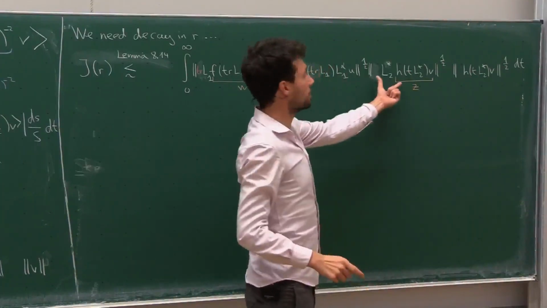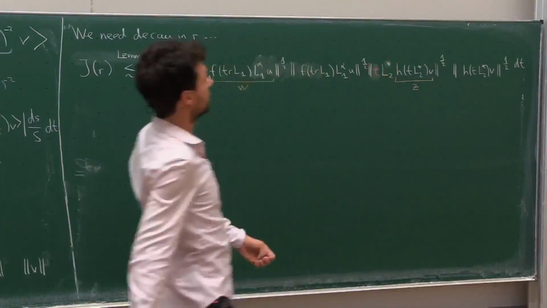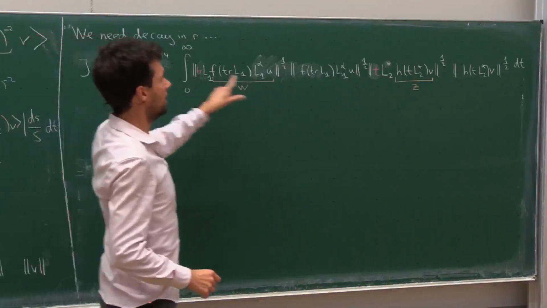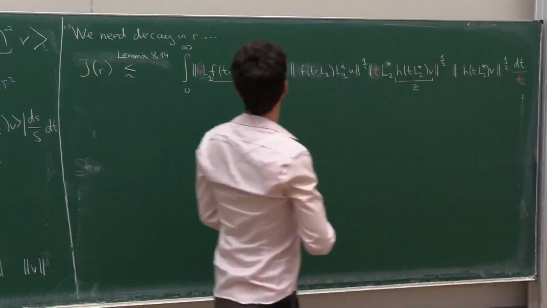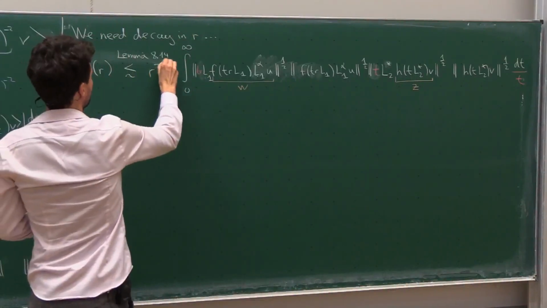If this should be an auxiliary function acting on something, I'm missing a T. So how many terms did I introduce? I introduced t to the 1/2 and t to the 1/2, so I have to compensate. And then I introduced r to the 1/2, so I have to compensate.